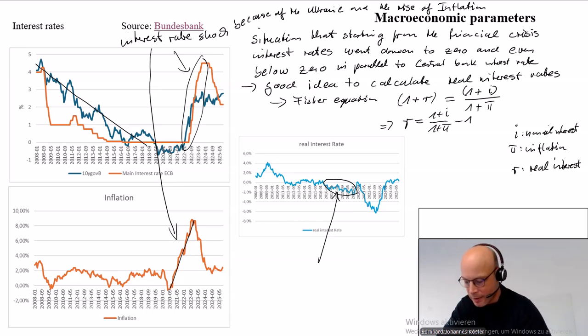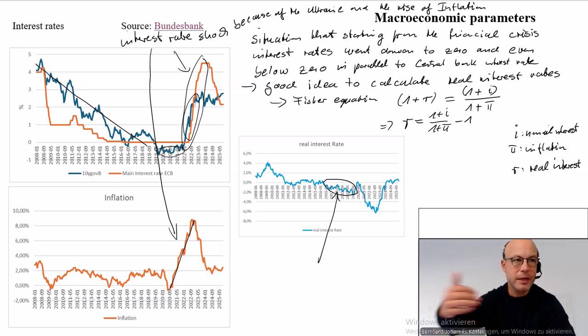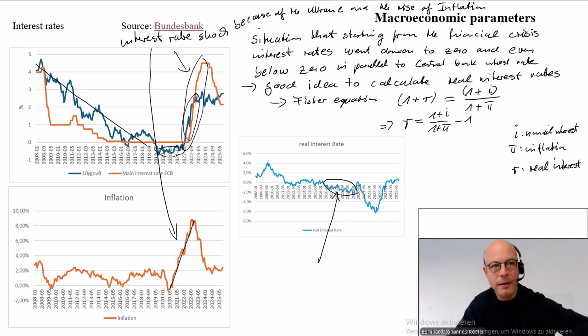And then we also had negative nominal interest rates. So it is not that surprising, but this effect is even larger. But also in this situation, although the interest rates have increased very steeply, again, inflation has increased much faster.